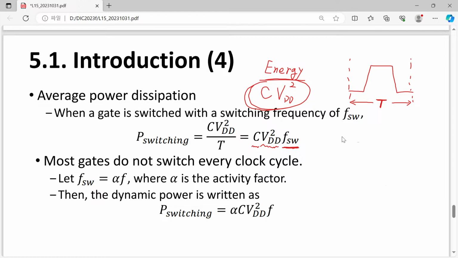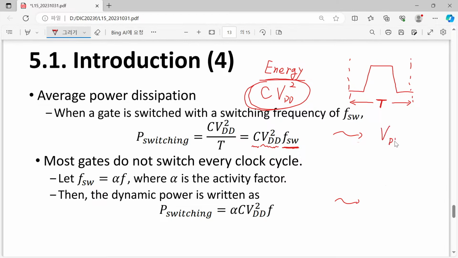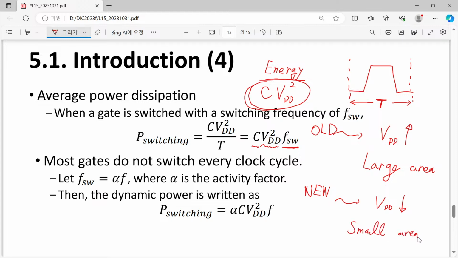If you use older technology, then typically it has a higher VDD value, and typically your devices consume a large area. If you adopt new technology, then it has a relatively lower VDD voltage and a small area per unit circuit. Then what will happen?